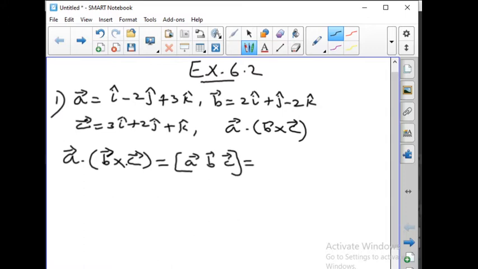So that is nothing but the determinant of the coefficients. So we write the determinant of the coefficients of i cap, j cap and k cap. So it is 1, minus 2, 3, 2, 1, minus 2, 3, 2, 1.